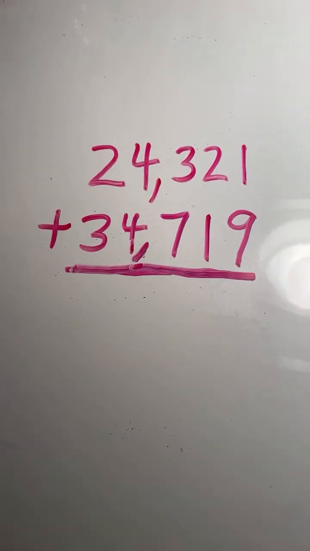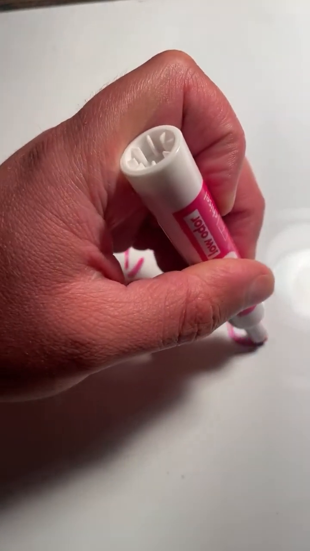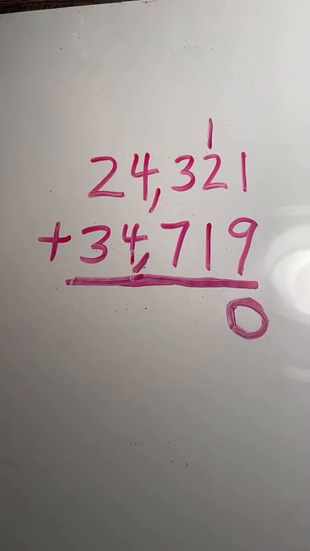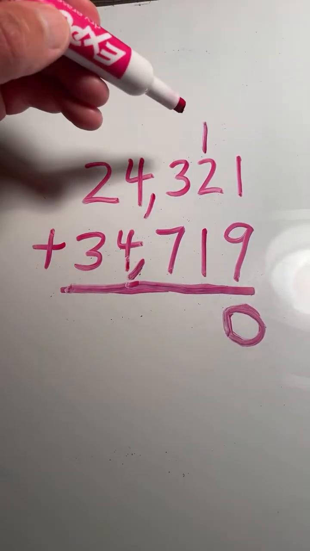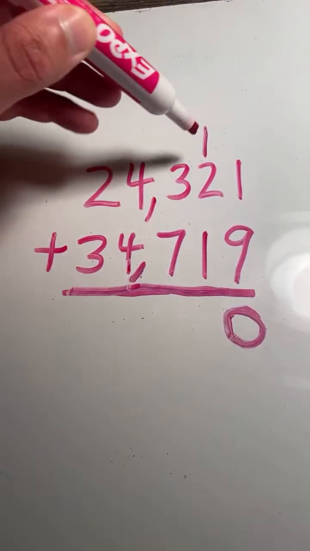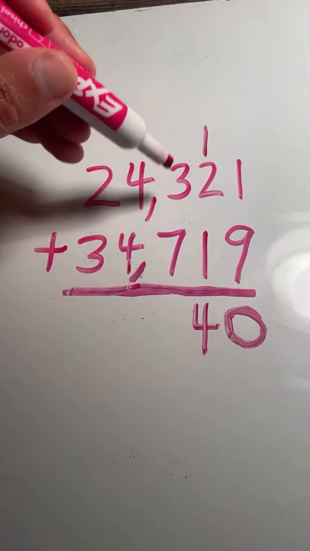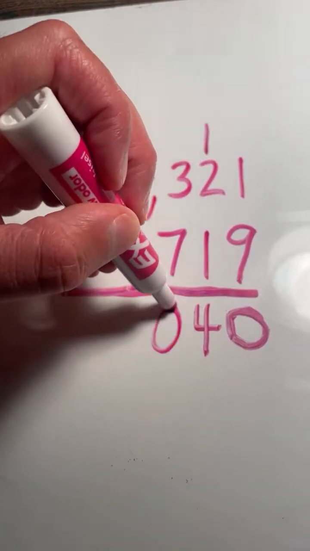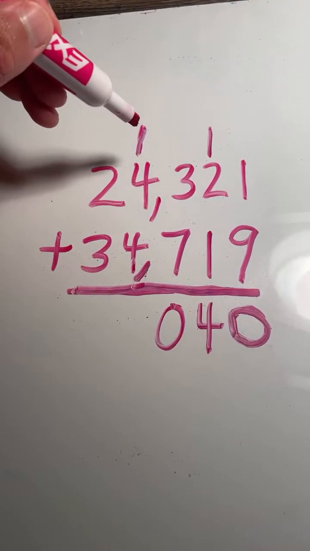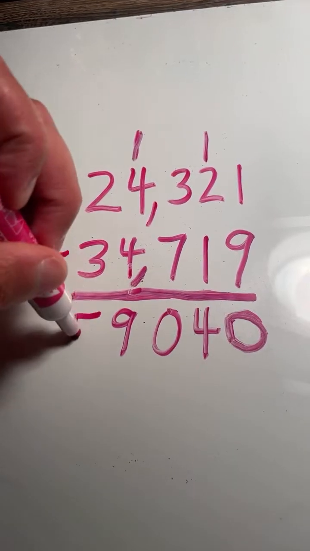So starting in the ones place, 1 plus 9 equals 10, 0, carry the 1. 2 plus 1 equals 3, plus 1 equals 4. 3 plus 7 equals 10, 0, carry the 1. 4 plus 4 equals 8, plus 1 equals 9. 2 plus 3 equals 5.